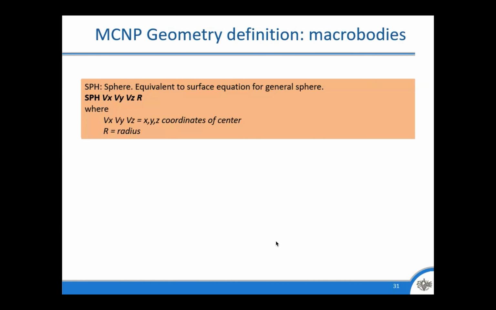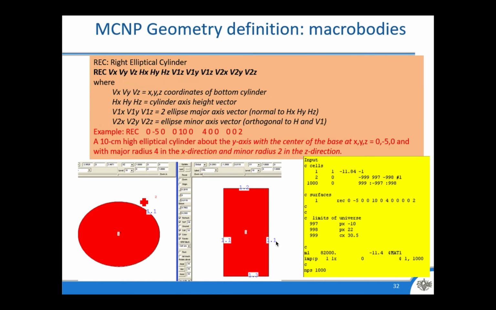So, as I said, the sphere is obvious. Here for the cylinder, the difference is just that you have not a spherical cylinder, but an elliptical cylinder.